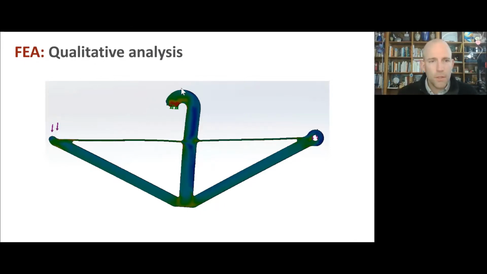This is all hollow to prevent buckling. So things look pretty consistent between the finite element analysis and my back of the envelope analysis. That gives me more confidence that I'm understanding the problem well.